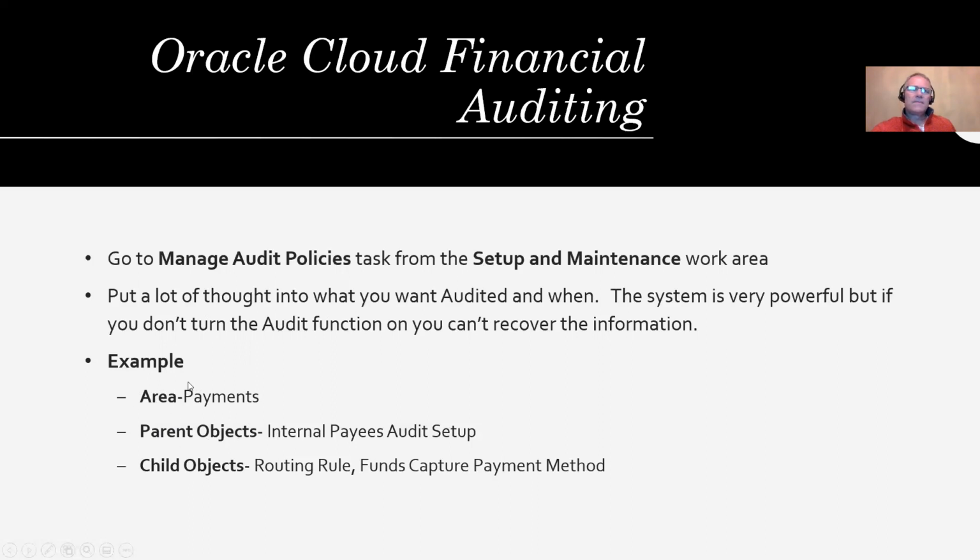In this case, payments is the overriding area. As you drill down, the parent object is the internal pay audit setup, and within this parent object, you can audit two things: routing rule and the funds capture payment method. So you can get really granular on those.